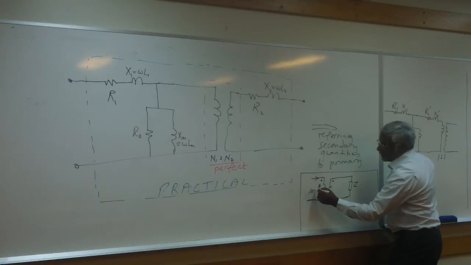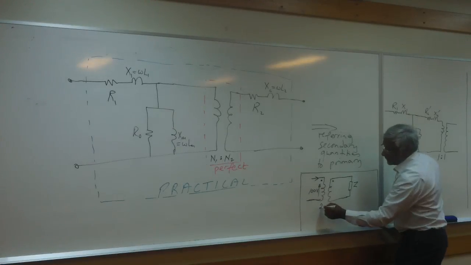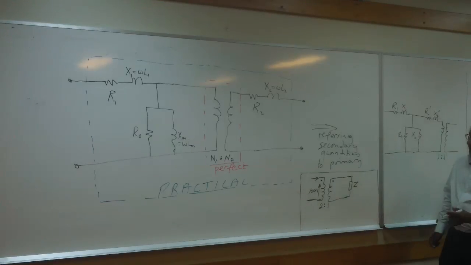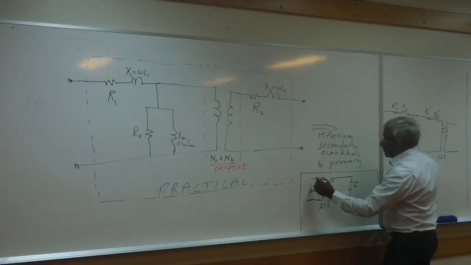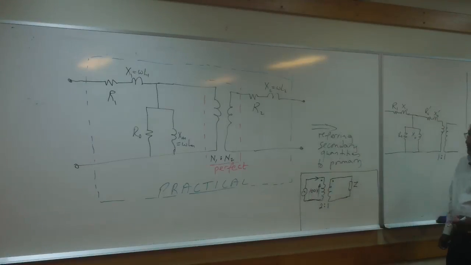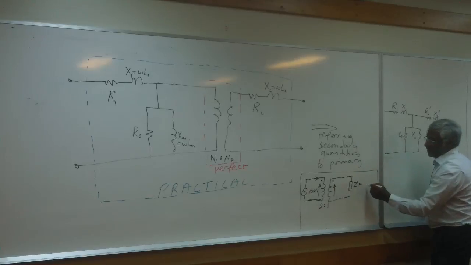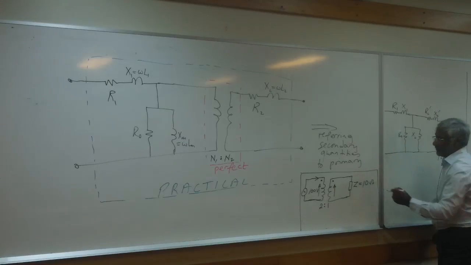I have 100 volts here. Let's say it was a 2-to-1 transformer. I have applied 100 volts, and it's 2-to-1, as I say. And let's say Z here was 10 ohm.